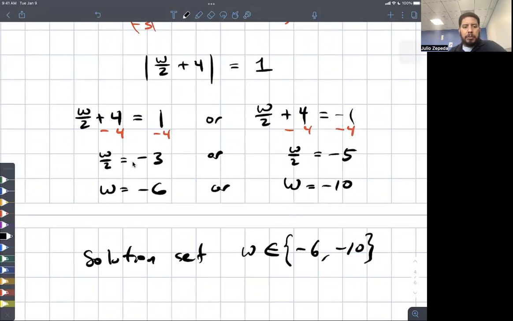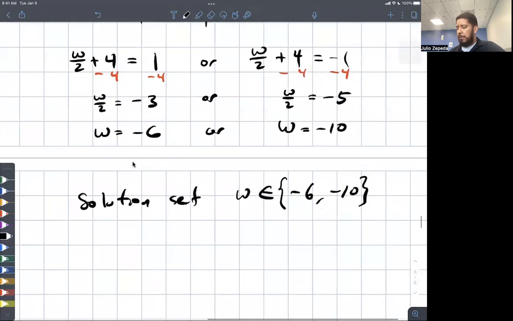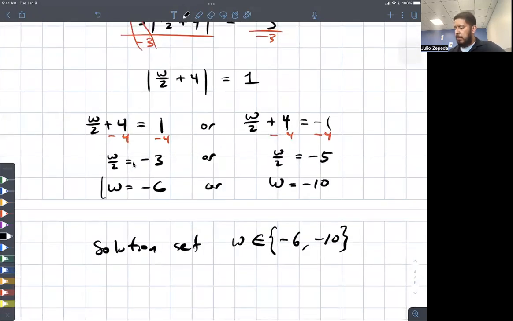So our solutions are negative 6 and negative 10, right? That's another way to write it. We could graph it, but that's not going to be too interesting since it's just going to be 2 dots at negative 6 and negative 10. So here's our solution, right? There we go.